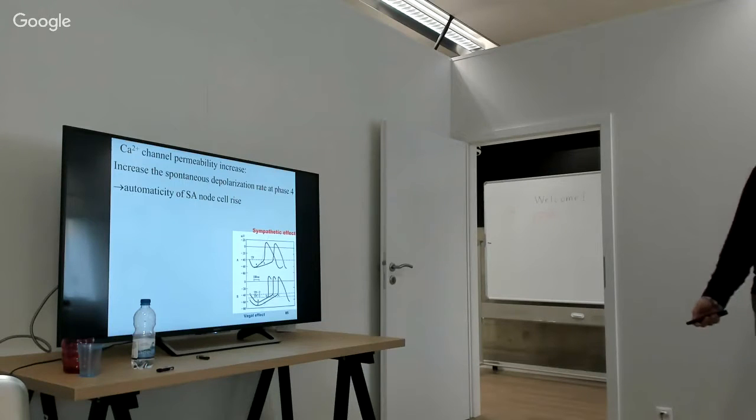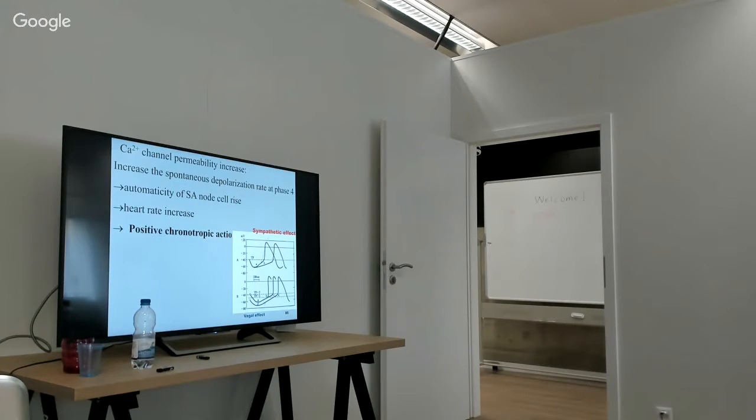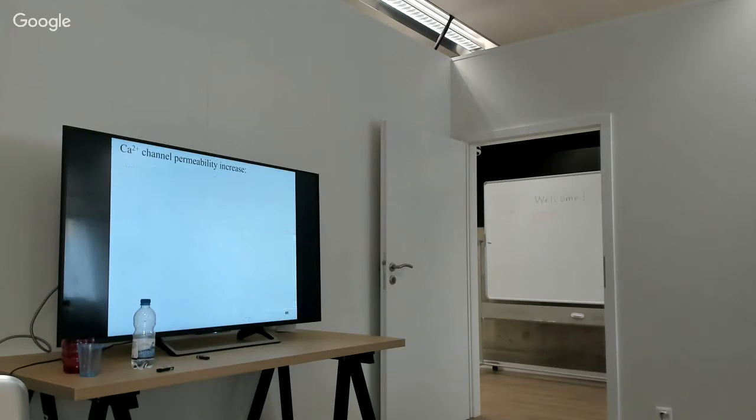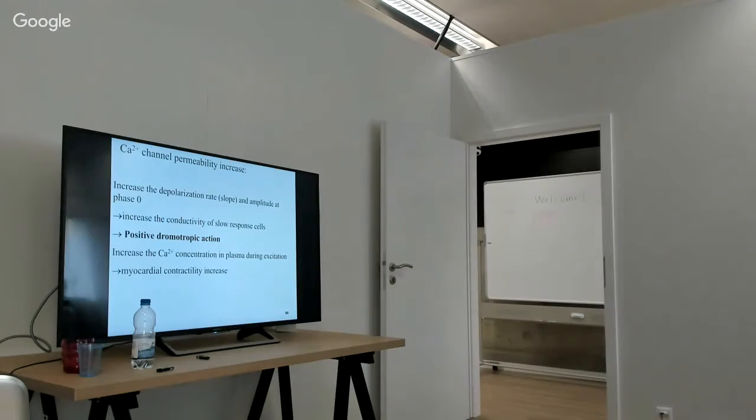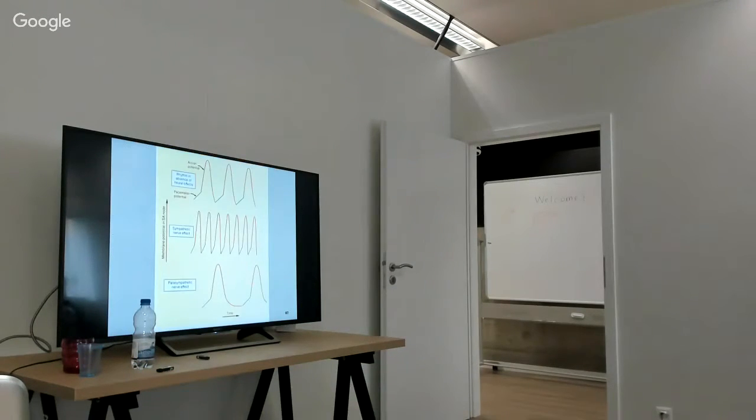As the automaticity rises, heart rate increases, this is a positive chronotropic action. It also increases the velocity of conduction. This is called positive dromotropic action. Because it increases the calcium entry, it makes everything rapid and increases, of course, the inotropic action.